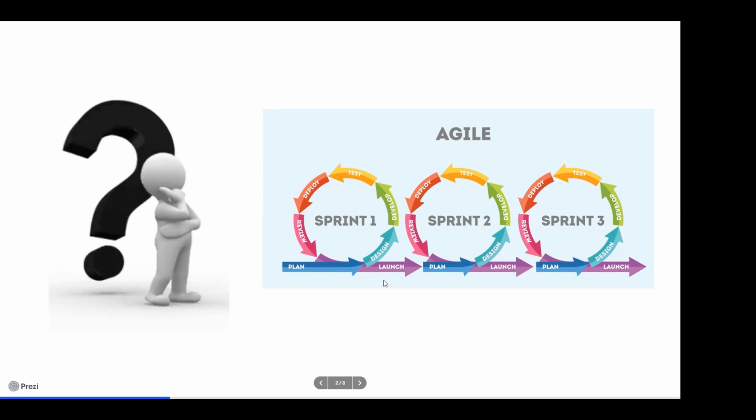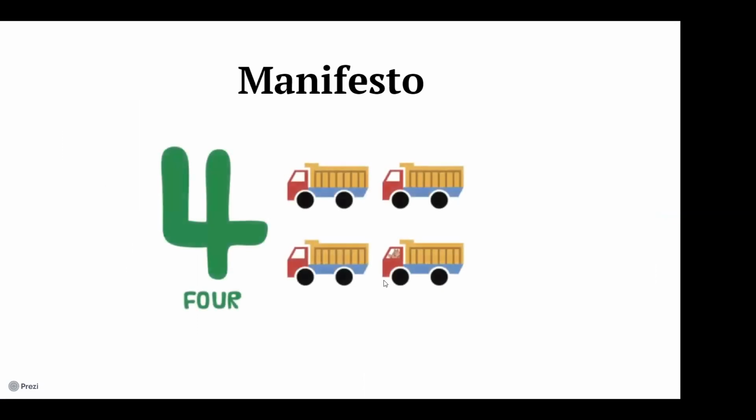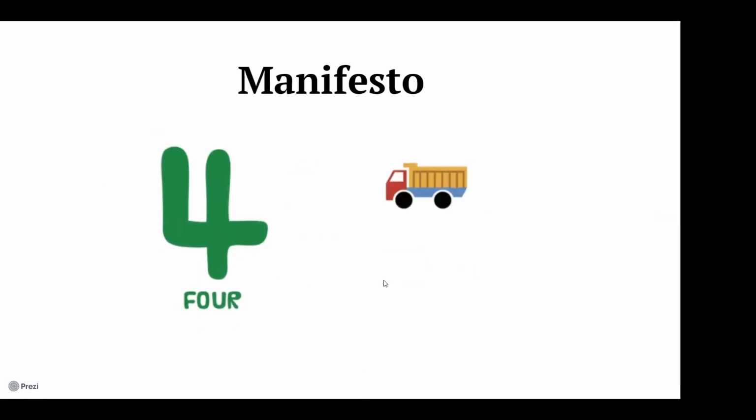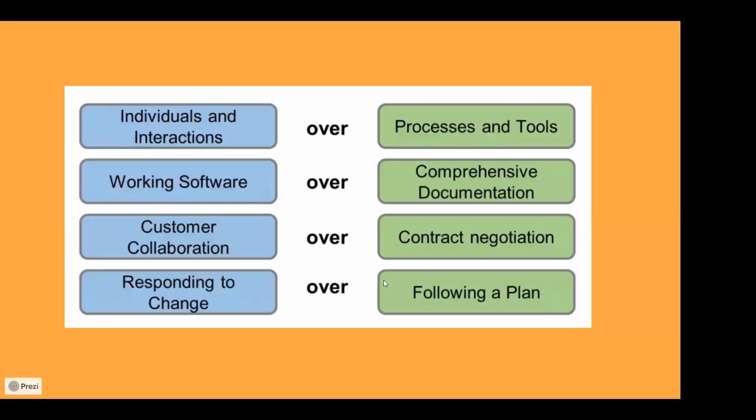Next, let us see what is Agile Manifesto. Agile Manifesto has 4 key points and 12 principles. Let us see the first 4 key points. Individuals and interactions over process and tools: interacting among the people while developing the software.